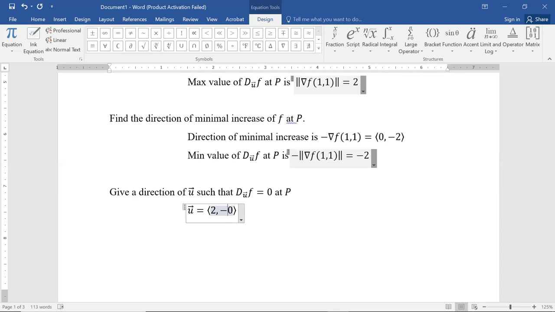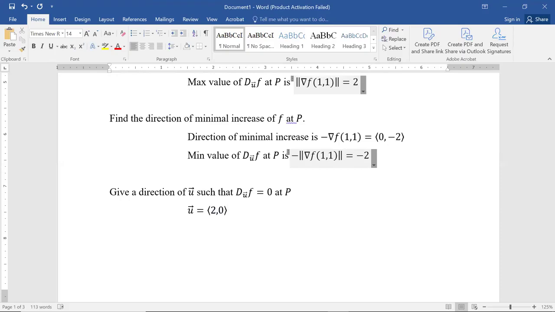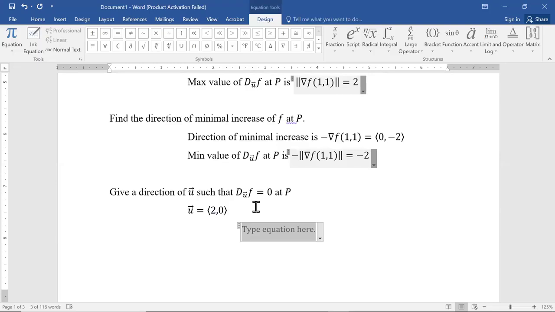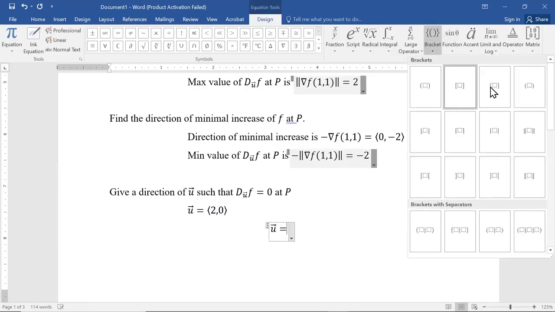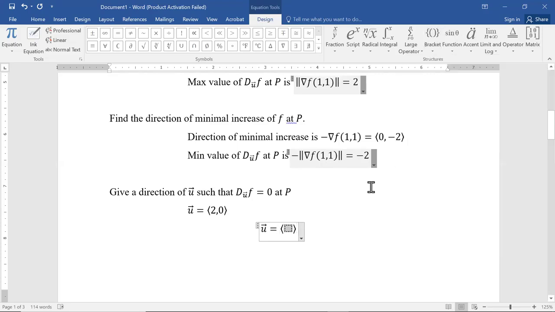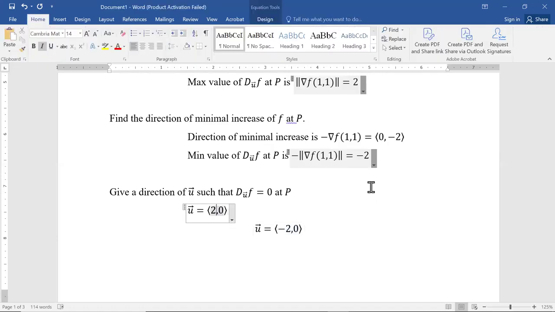So I could either have negated the 0, or I could have let u be (-2, 0). Both of those are going to be orthogonal to my gradient.